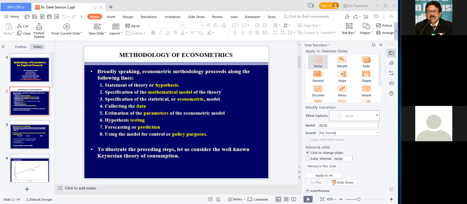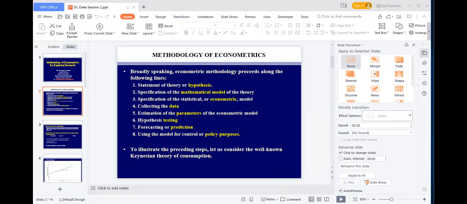The first step is the statement of theory or hypothesis. The second is to specify the mathematical model based upon the theory. The third is the econometric specification, or statistical specification, of the model.